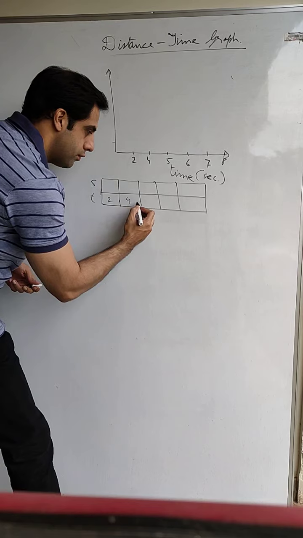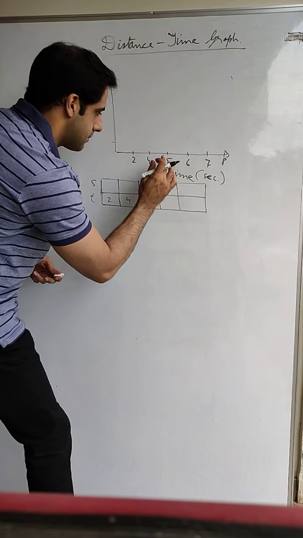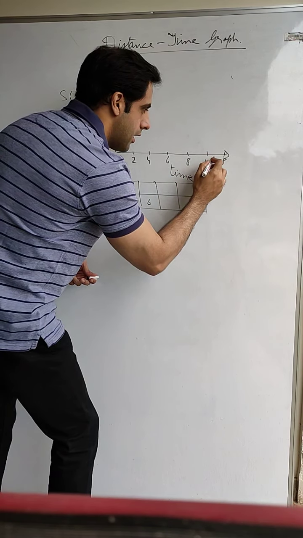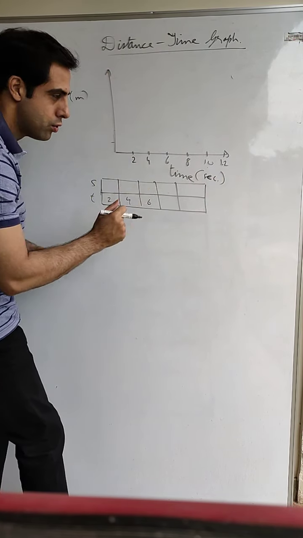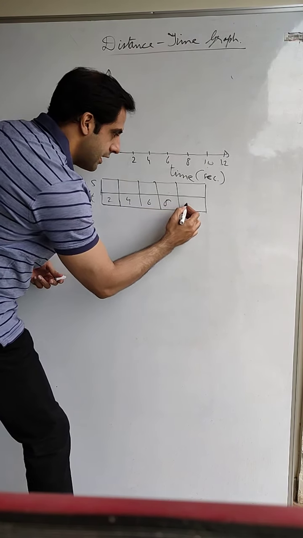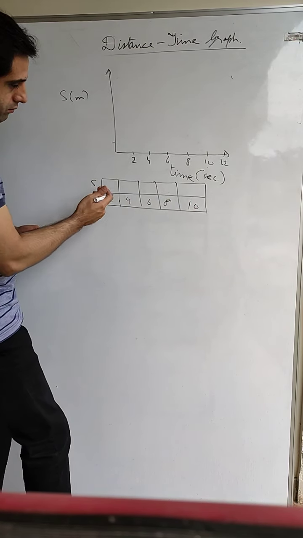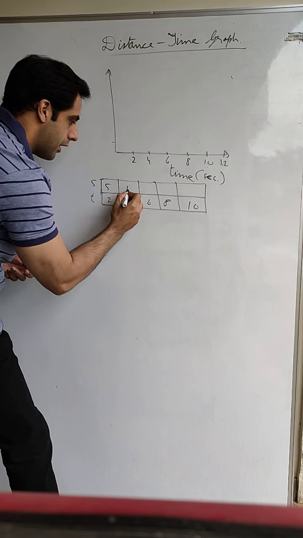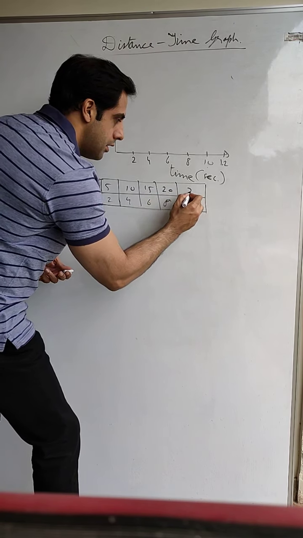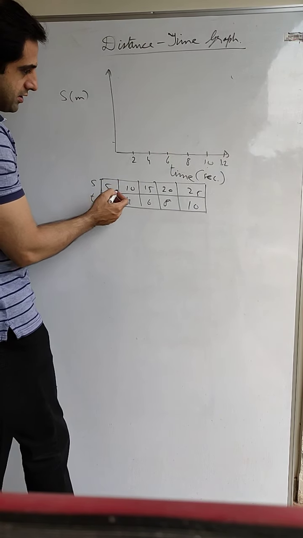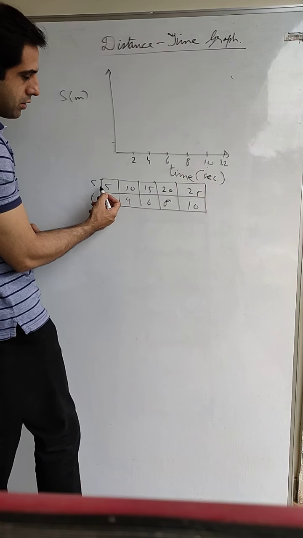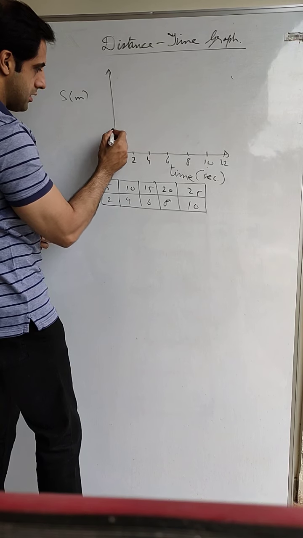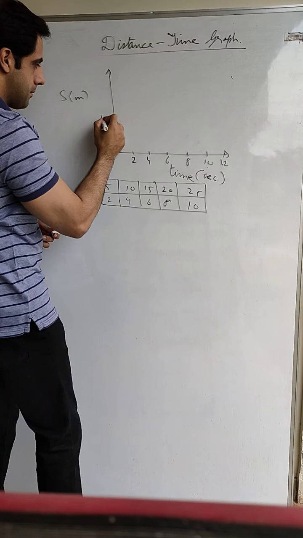Time values 2, 4, 6, 8, 10 and 12, a gap of 2 seconds. So 2, 4, 6, 8, 10 and let us take distance as 5, 10, 15, 20, 25. So there is a gap of 2 seconds on the time axis and on the distance axis we have a gap of 5 meters. So just roughly plot this.